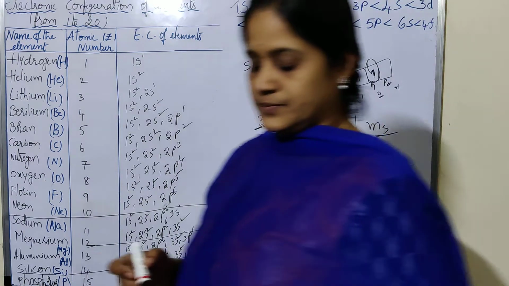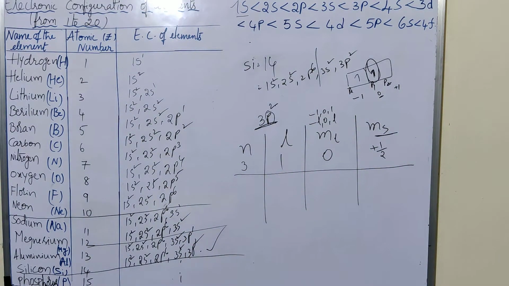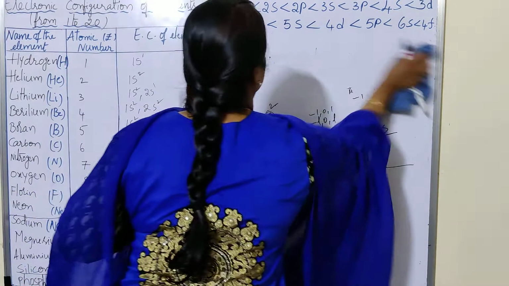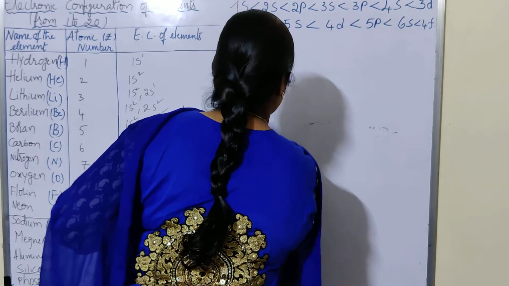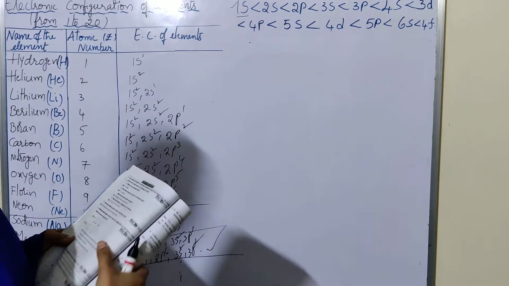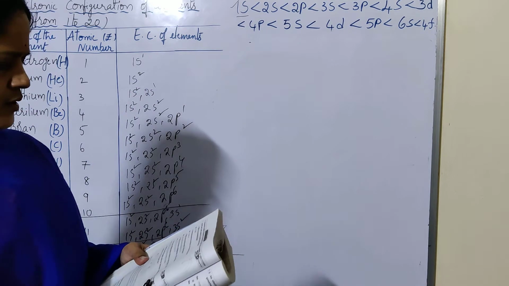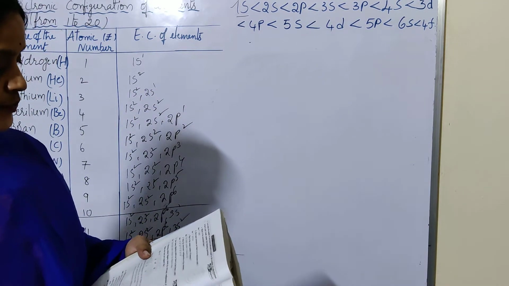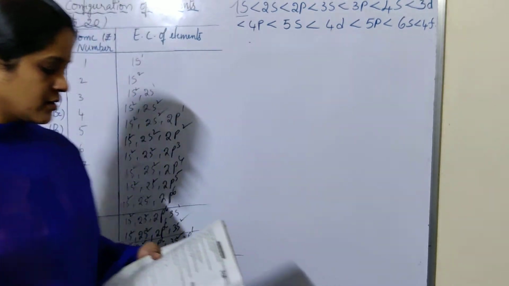Next, one more question. The following orbital diagram shows the electron configuration of the nitrogen atom. Which rule does not support this?